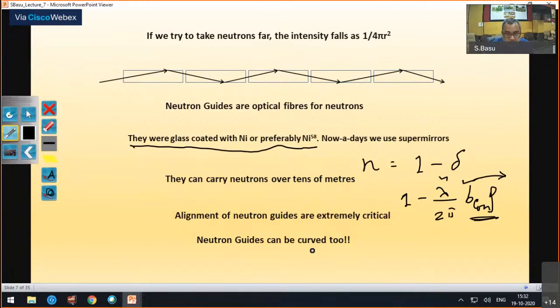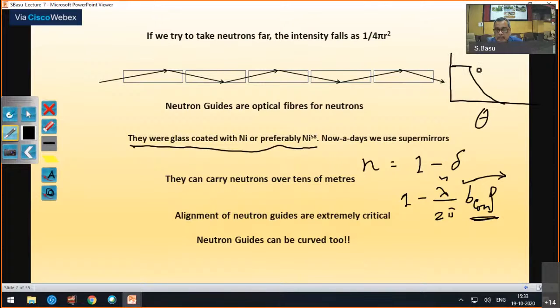But I just want to tell you that this coating is nickel in our case, but nowadays there are things called neutron super mirrors. Very briefly, with a nickel coating, the critical angle stops here.